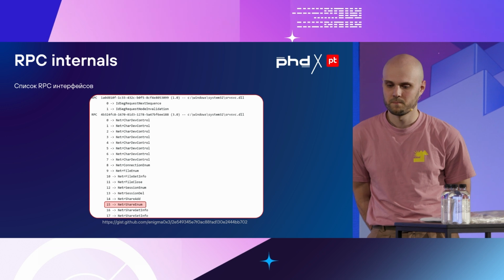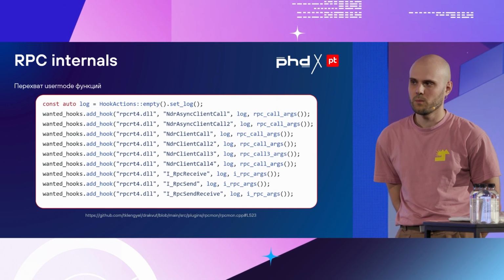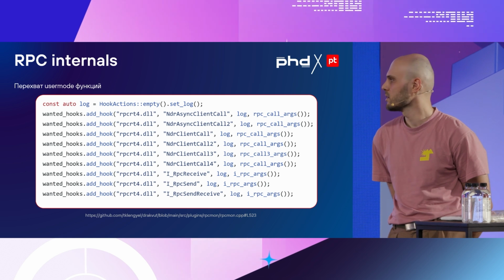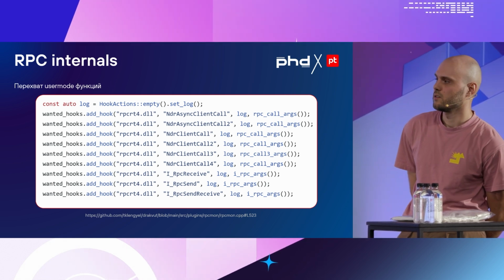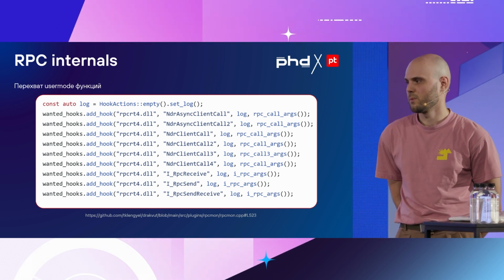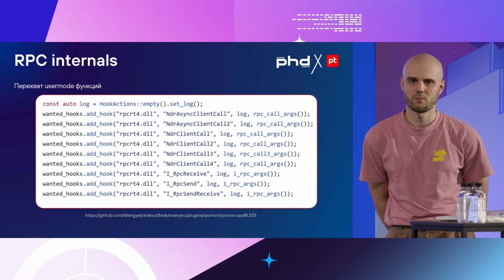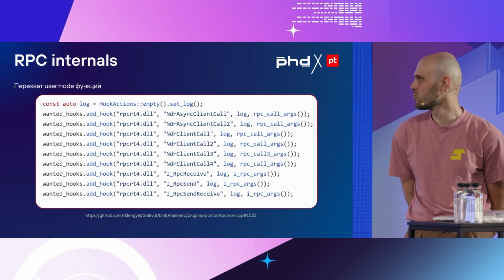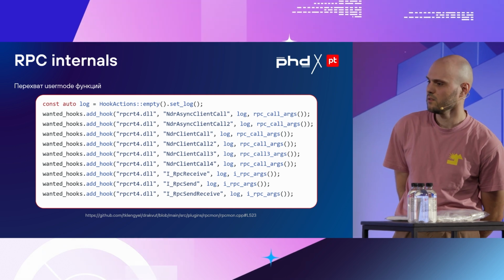In this case, it's SRVSVC.DLL. For some time, we've been doing this in our sandbox. We were just intercepting all the client call functions, not only them, of course, but also other functions. And we took the interface info from it, and the procedure number that is called, and we're logging them.